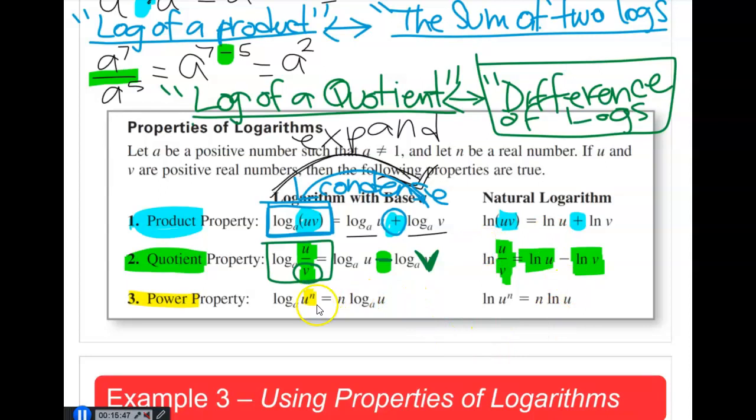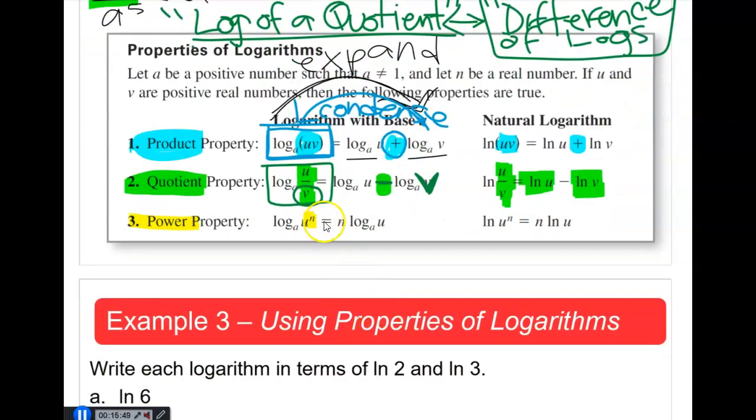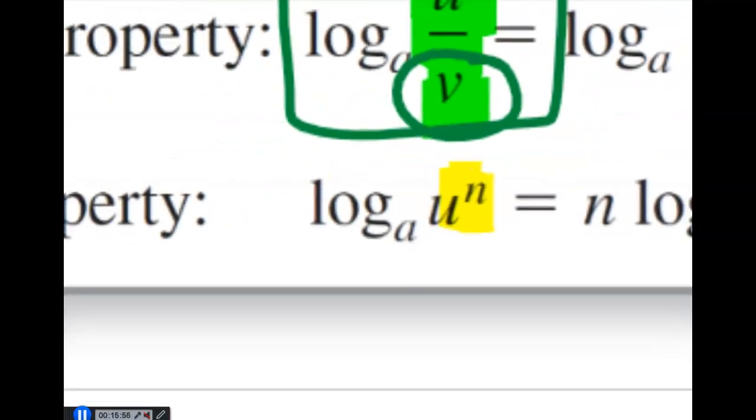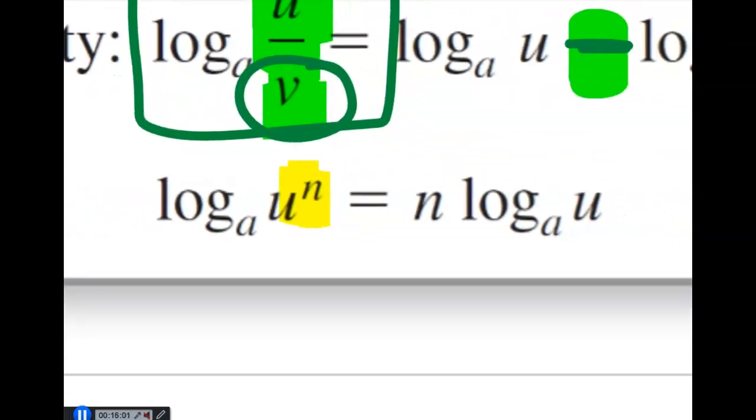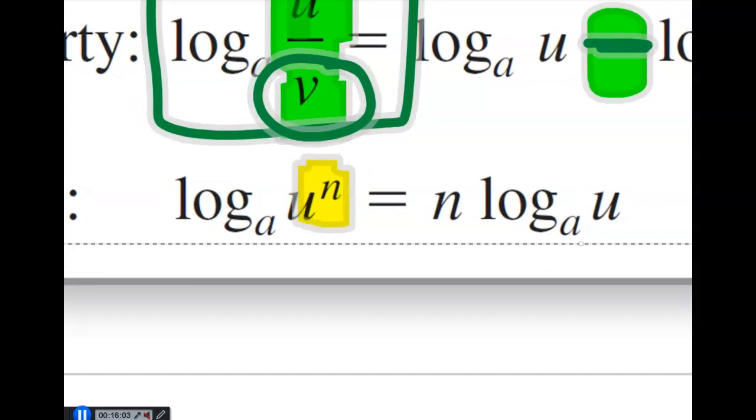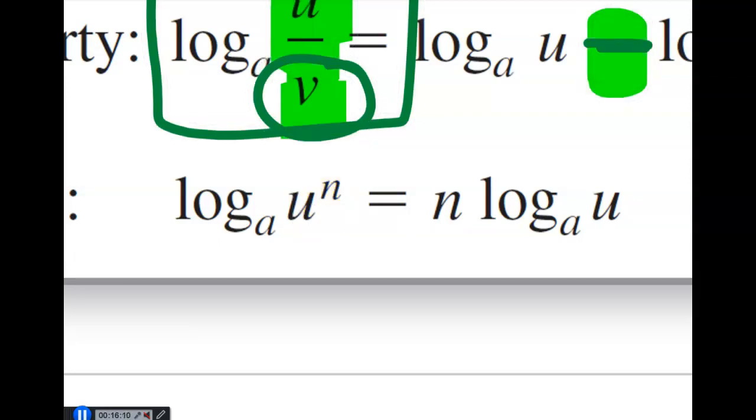And here finally we have the power property. For this one, I want you to think about how we're going to have the exponent here. The base is a, and n is the exponent or the power of the argument.